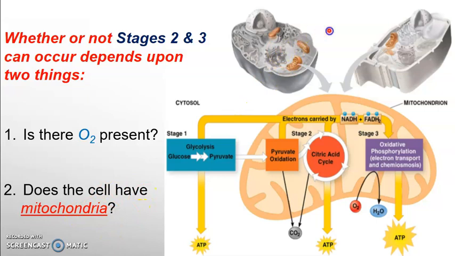We're going to be focusing on eukaryotic cells mainly, all right? But glycolysis can be done in either prokaryotic or eukaryotic cells. If you're going to do all three stages, you also need to have mitochondria present, and only eukaryotic cells are going to have that. Stage 1, glycolysis, is going to happen in the cytoplasm to give you a little bit of ATP.